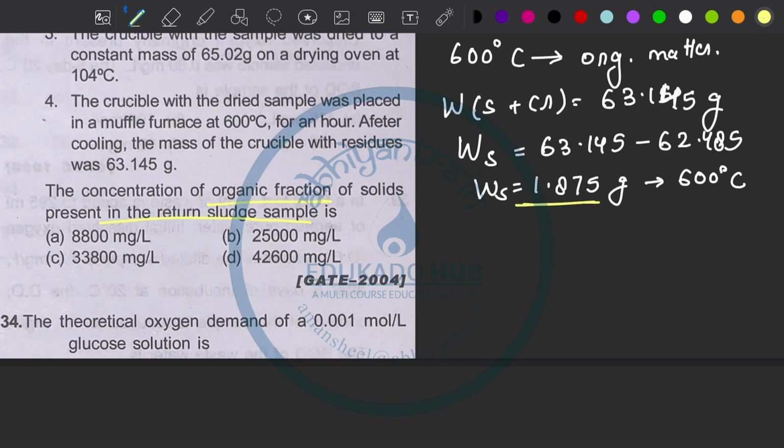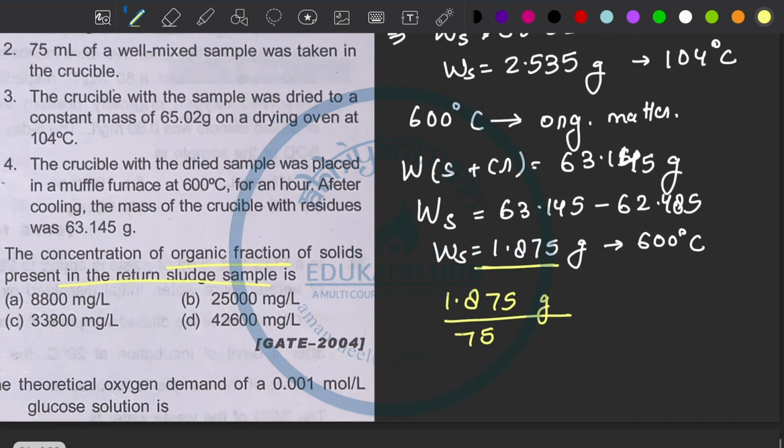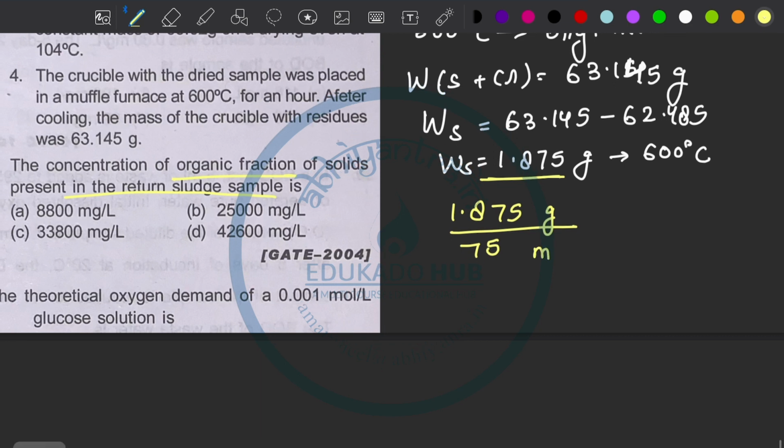Now what they want is the concentration. Concentration is always weight upon volume. So 1.875 gram out of how much was the volume? 75 ml, right? 75 milliliter is the value we have got.